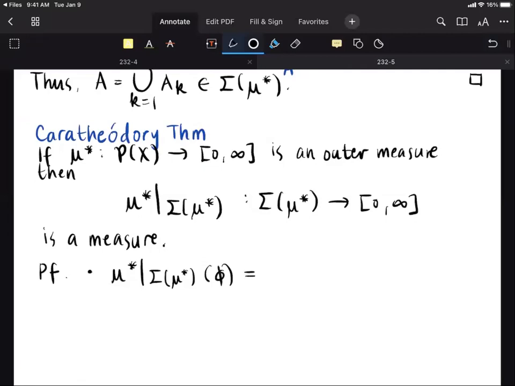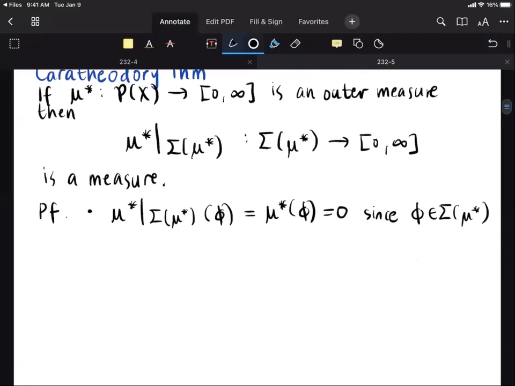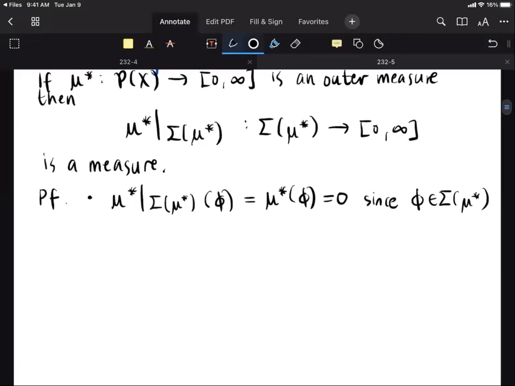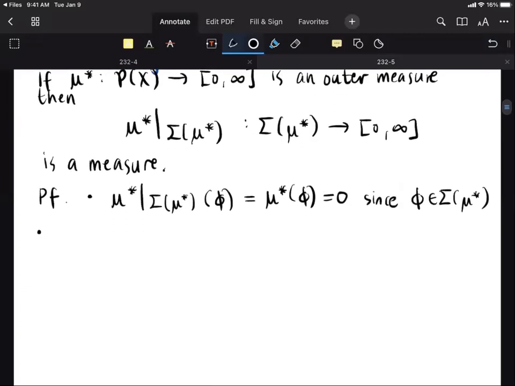Okay, since the empty set is measurable, and why is that? Because it is a sigma algebra. In this case, this is basically the outer measure of the empty set. Hence, this is 0 by the definition of the outer measure. So that's the first criterion.